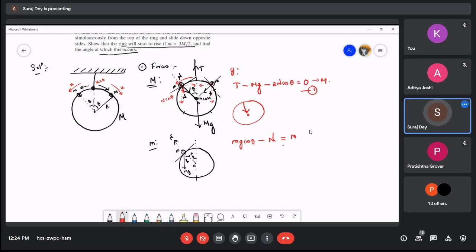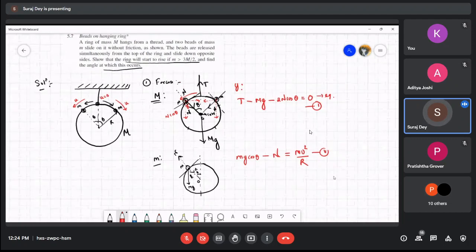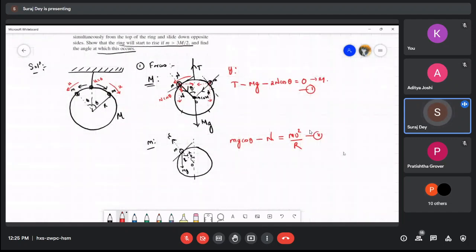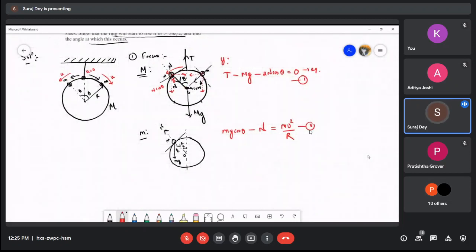So this entire thing has to be equal to the centripetal acceleration. So we are through our first step, that is to understand how the forces act onto each of the bodies.